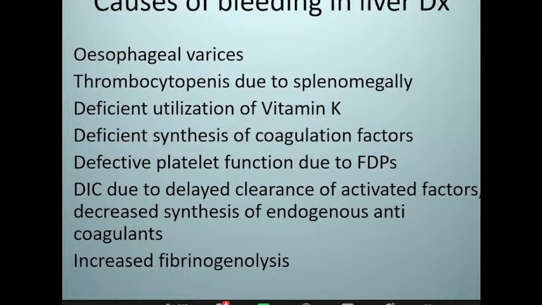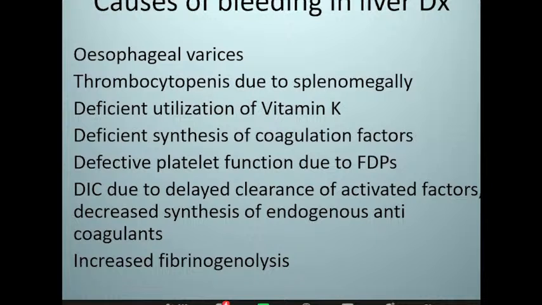So what would be the cause of bleeding in liver disease? We may have bleeding from esophageal varices when there is portal hypertension. So there's splenomegaly. The splenomegaly, of course, will result in increased pooling of platelets, so there will be thrombocytopenia.